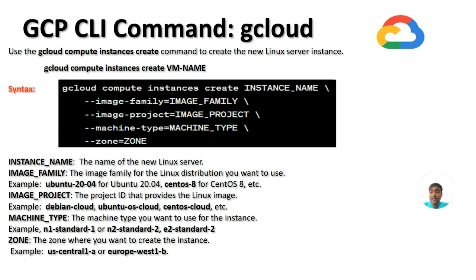Guys, you can also add the machine type for the instance, and the zone where you want to create the instance. Additional options like networking configuration, disk size and other advanced settings can be specified if needed. Once the instance is created, you can connect to it using SSH, secure shell, if you have set firewall rules to allow SSH traffic to the instance.